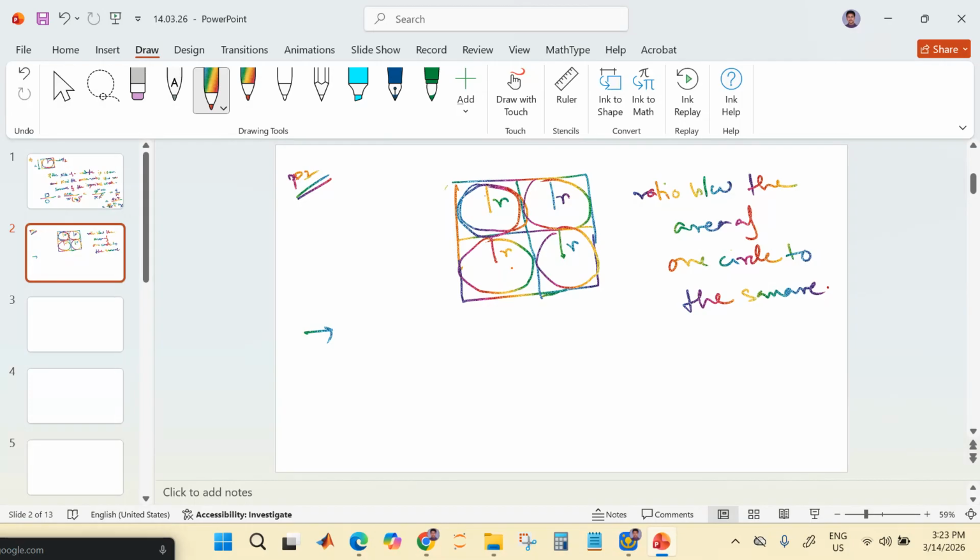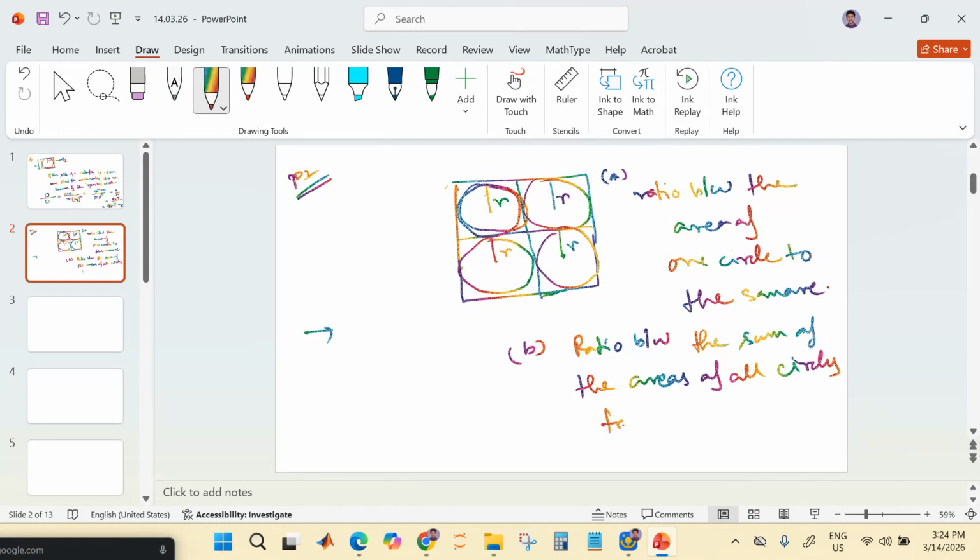How to calculate? Or sometimes this is question A and question B is asked, that is the ratio between the sum of the areas of all circles to the square area.